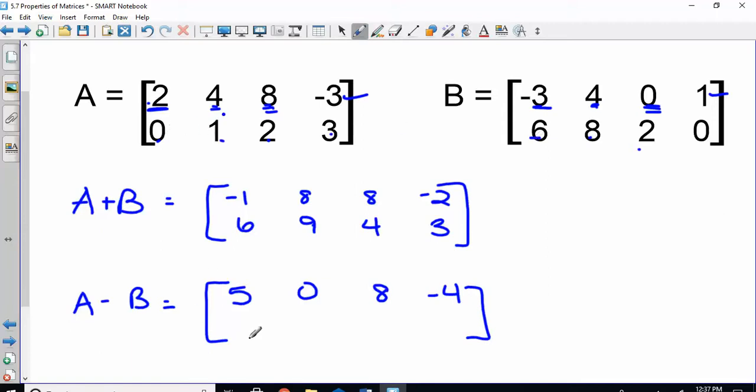Second row, 0 minus 6, 1 minus 8, 2 minus 2, 3 minus 0.